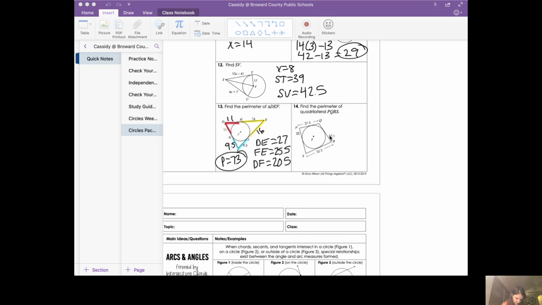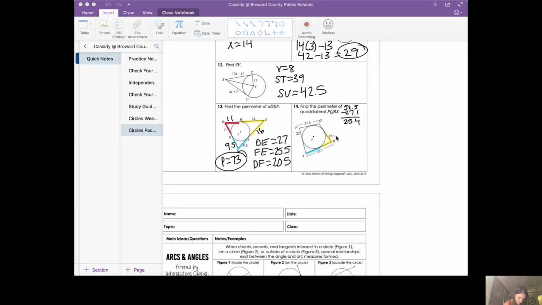So this is 27, and we know that this is 27, which means that blue piece is 52.5 minus 27.1. 52.5 minus 27.1 equals 25.4. So we know that space is 25.4.